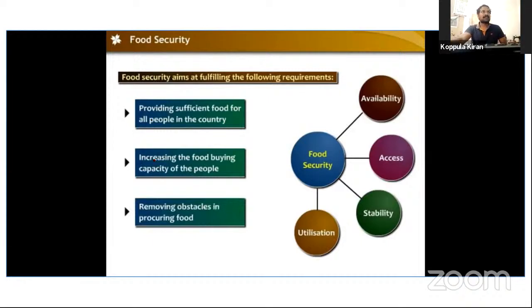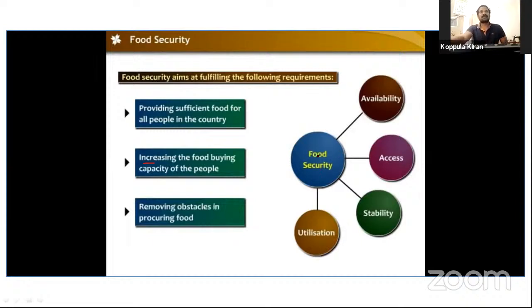Another is increasing the food buying capacity of the people; the government should create a situation where we can purchase food. Another is removing obstacles in procuring food; the government should purchase food from the farmers through the FCI, the Food Corporation of India.